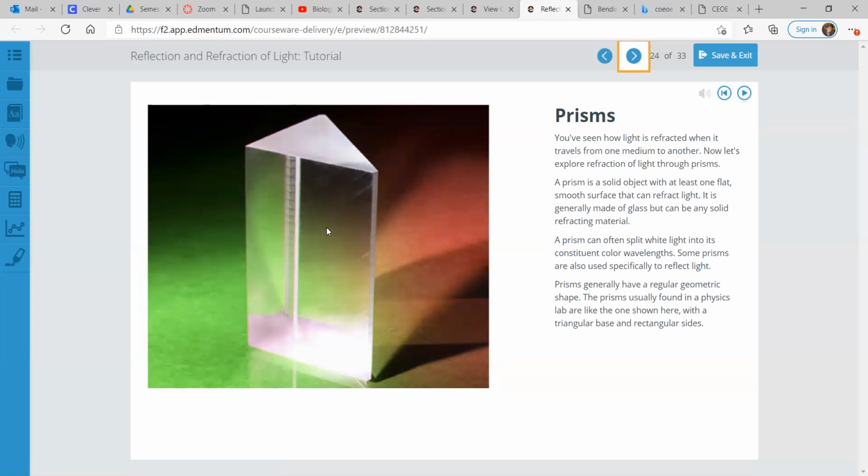It's generally made of glass, but can be any solid refracting material. And it can often split white light into its constituent color wavelengths. They have a regular geometric shape. The prisms usually found in a physics lab are like the one shown here, with a triangle base and a rectangular side.